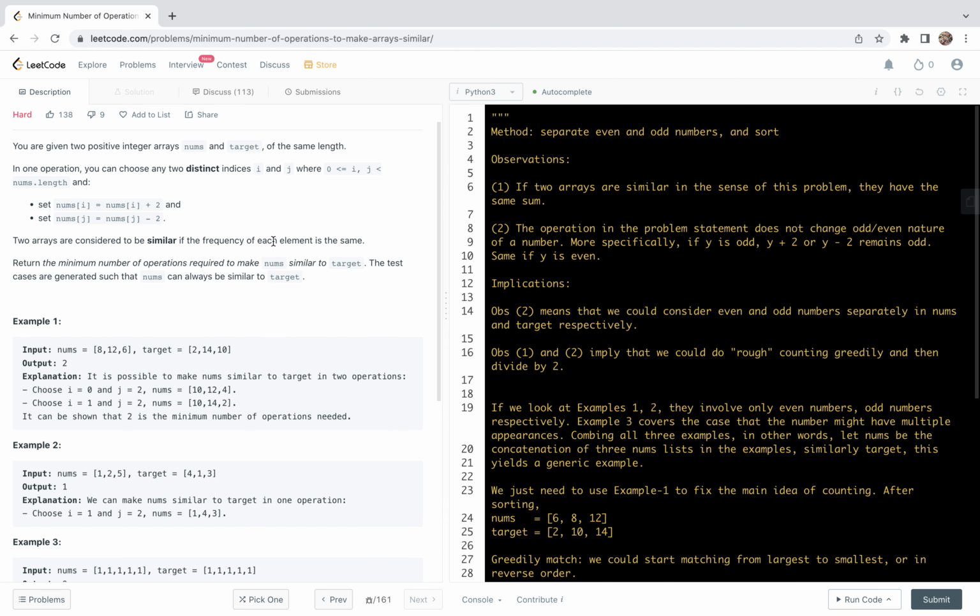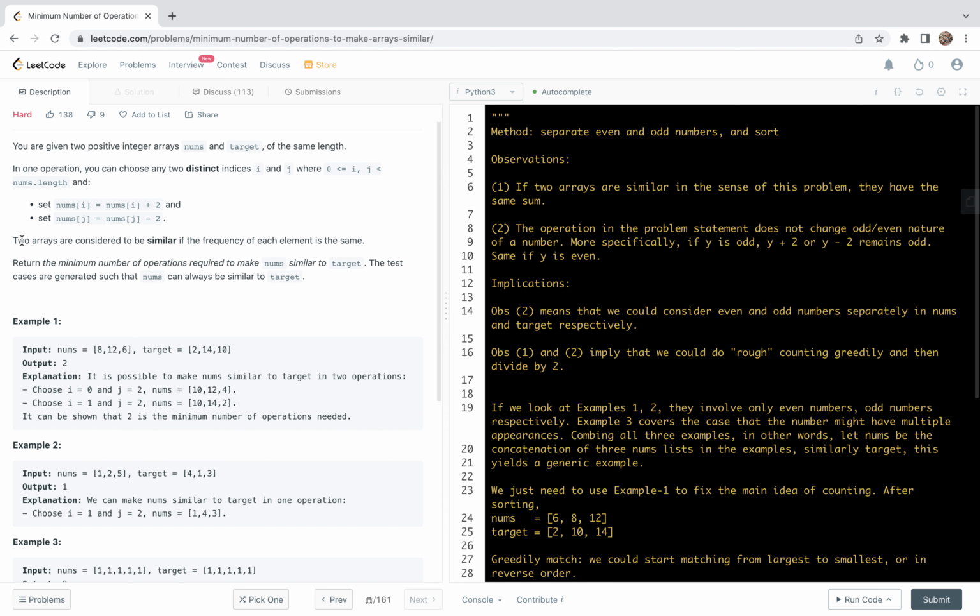Two arrays are considered to be similar if the frequency of each element is the same. So we are required to return the minimum number of operations required to make nums similar to target. The test cases are generated such that nums can always be similar to target.